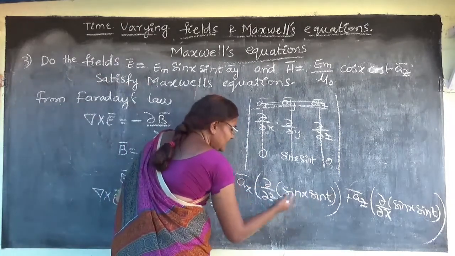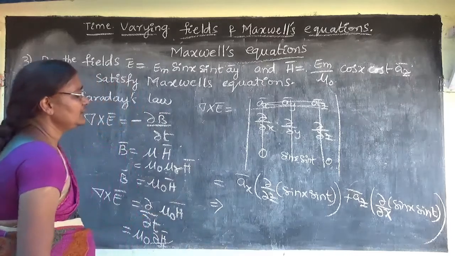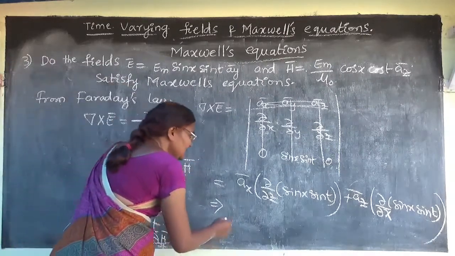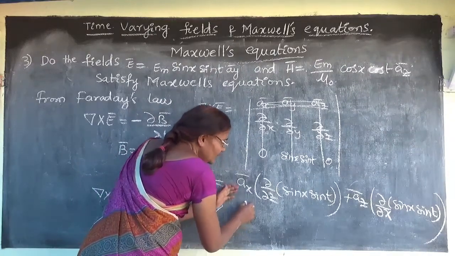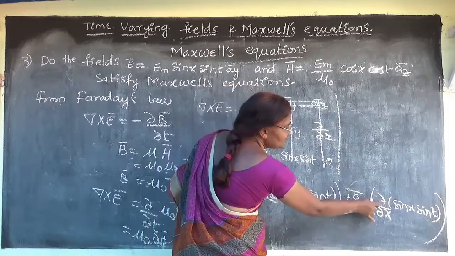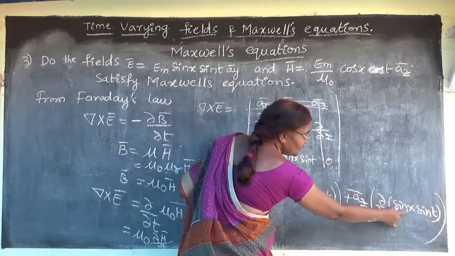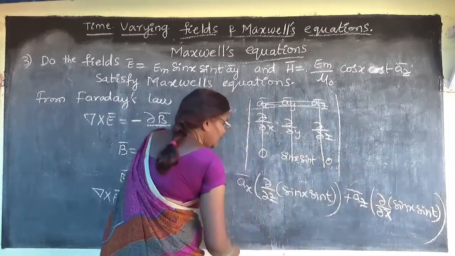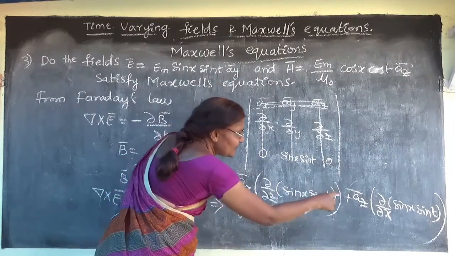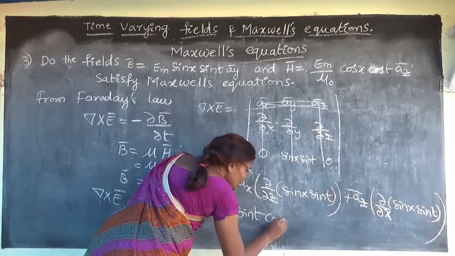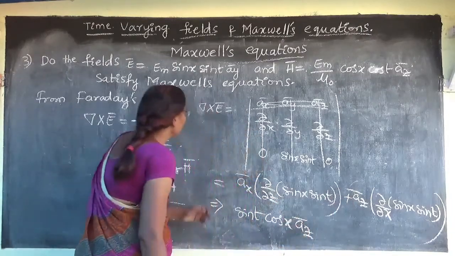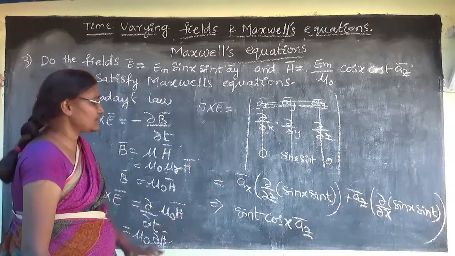Differentiation of this quantity with respect to z ఏమవుతుంది, అక్కడ z క్వాంటిటీనే లేదు, డిఫరెన్సియేషన్ మొత్తం ఏమవ్వాలి, 0. సో దిస్ విల్ బికమ్ 0. ఇక ఏముంది, az బార్ ఇంటూ డిఫరెన్సియేషన్ ఆఫ్ దిస్ విత్ రెస్పెక్ట్ టు x క్వాంటిటీ ఉంది అక్కడ. సో sin t is a constant, and what is the differentiation of sin x? Cos x into az.